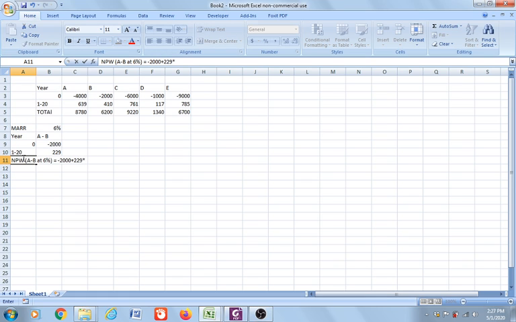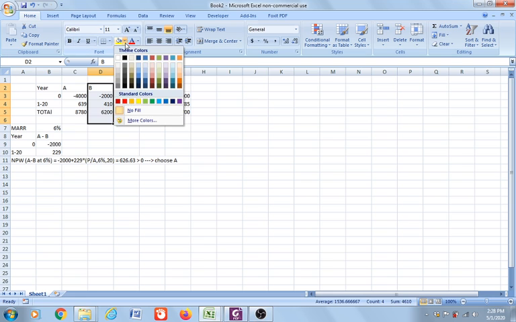We are calculating for P, so that will be P over A, 6%, 20, and the result is 626.63, and it is bigger than 0. So we choose A. So A is the winner, so we eliminate B. So B is gone.